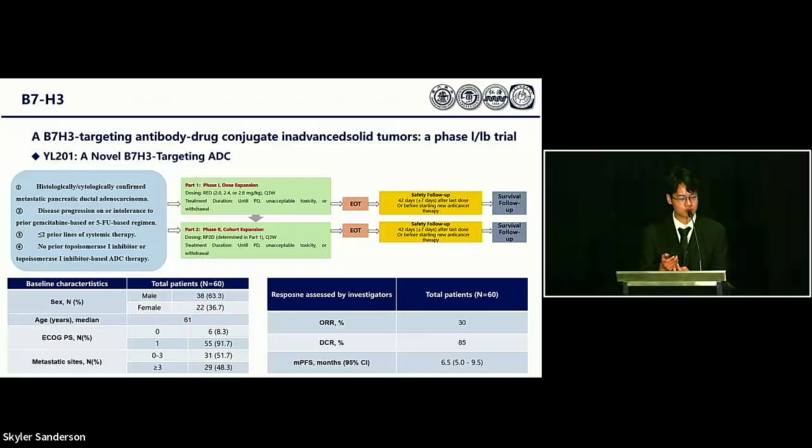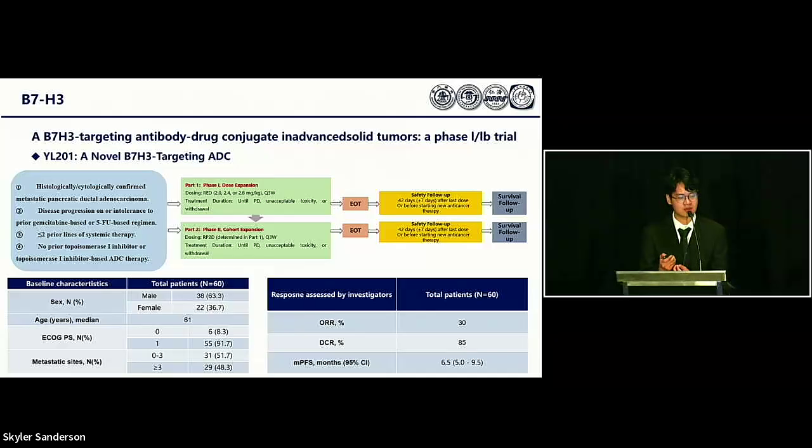To target B7H3, my supervisor, Professor Liu Wang, has led a phase 1 study to investigate the efficacy of a novel B7H3 targeting ADC drug, YO201. Among 60 pancreatic cancer patients, the ORR reached 30% and the DCR was 85%. This means that this B7H3 targeting ADC has encouraging anti-tumor activity.